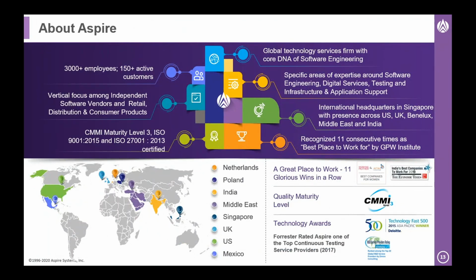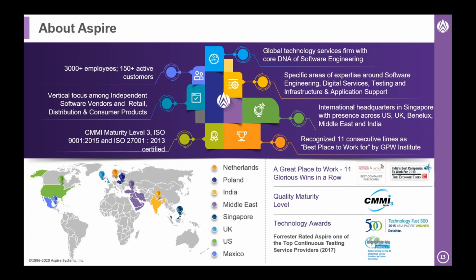Thank you, Sharath and Ravi, for a wonderful session on ServiceNow license management. Before I end this presentation, let me give you a brief intro about Aspire Systems. Aspire Systems is a global IT services company. We have more than 3,000 employees with 150 plus active customers. Aspire is a certified premier ServiceNow partner, and we have successfully completed over 100 projects and offer enhancement support and managed services to our customers post implementation.